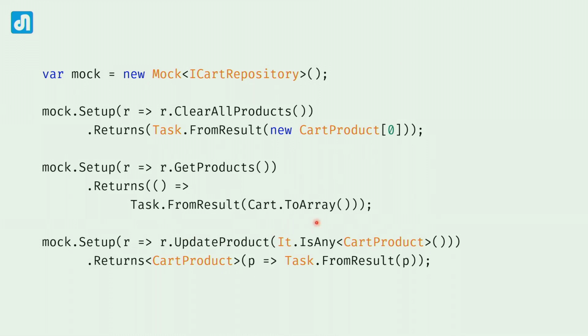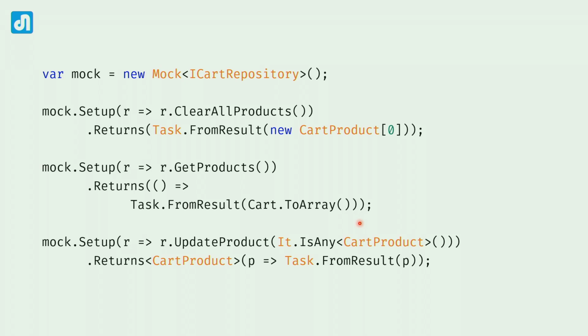You can also do It.Is with CartProduct, where you can go in there and do a condition to make sure it gives you a function that provides the object, in this case a CartProduct, and you can look at it and say, is this what I want? So if you have conditions for different things on here, you can check and make sure this is the time you want to reply to that.